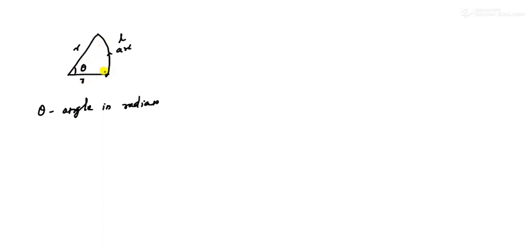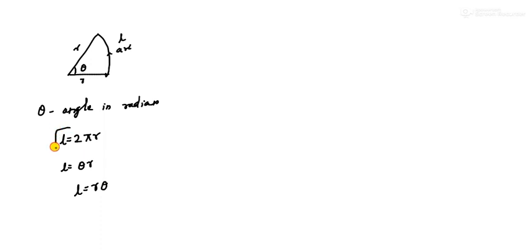You might have learned this in class 9. It is 2 pi r, the total circumference. But if I'm taking just any length, and we don't know this theta, we'll write it as theta itself, and this is r. So the length of the arc will be r theta.